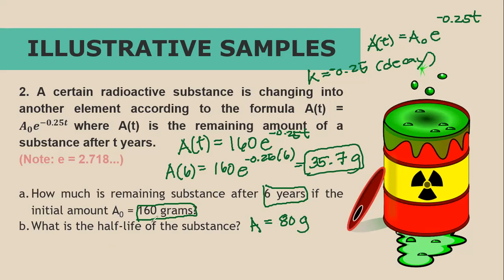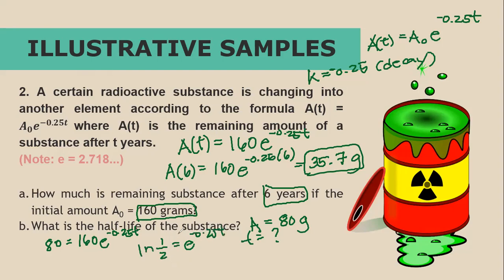So, we will just compute for the time again. Given tayo ng 80 is equal to 160 e raised to negative 0.25 t. Yung ginawa lang din natin kanina ay mamanipulate natin. So magkakaroon tayo ng 80 over 160, that is just 1/2. So 1/2 is equal to e raised to negative 0.25 t.